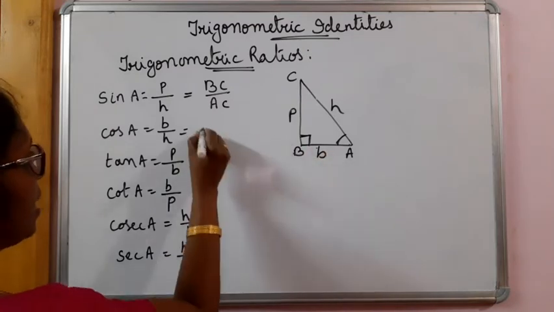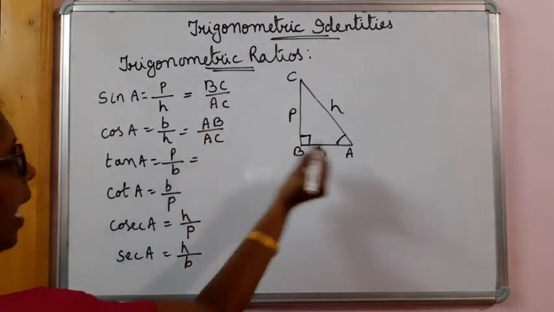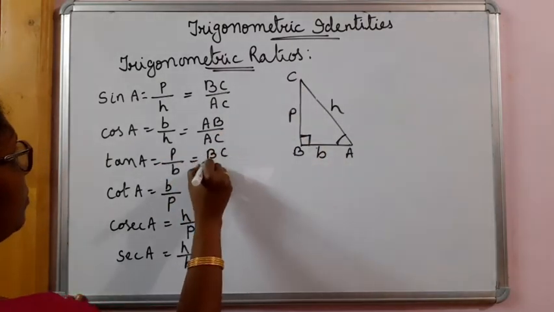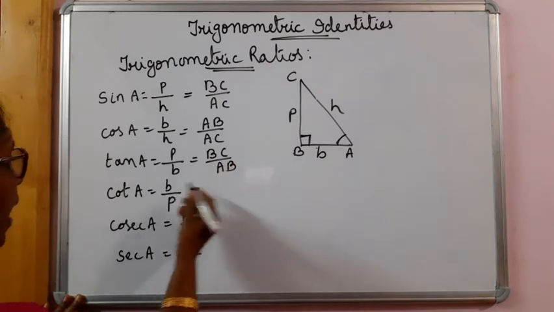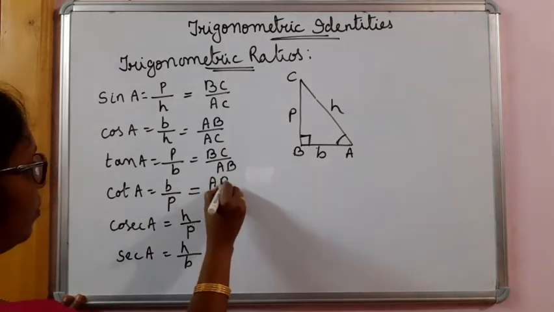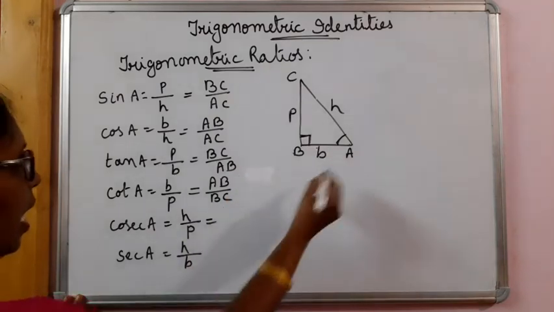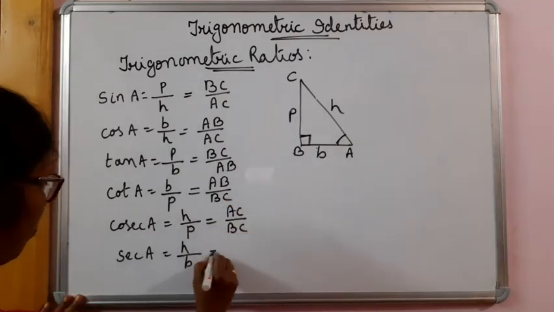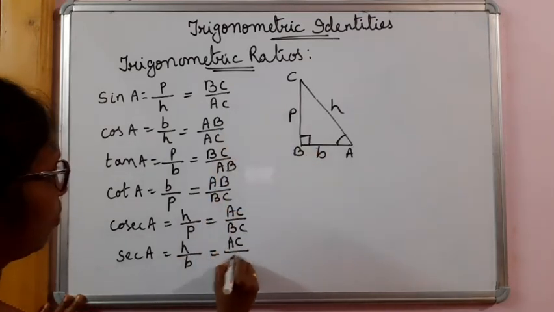For cos A base is AB, hypotenuse is AC. Tan A perpendicular is BC, by base is AB, and cot A is B by P, B is AB, by perpendicular is BC, and cosec A hypotenuse is AC, perpendicular is BC, and sec A is hypotenuse is AC, base is AB.